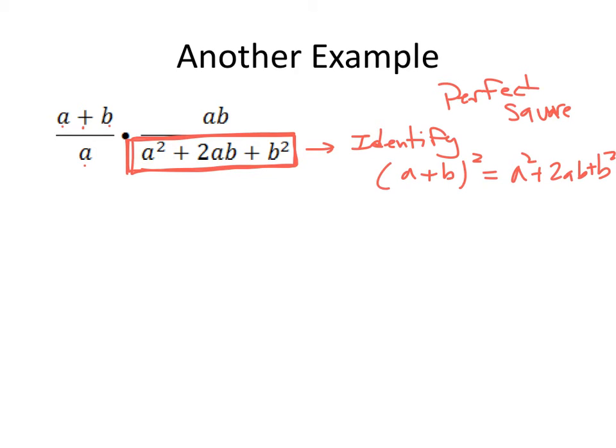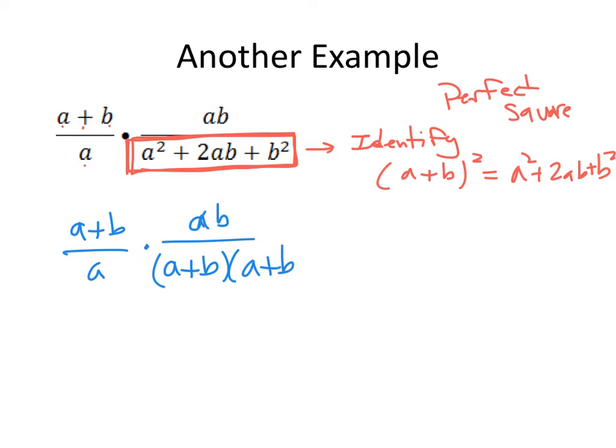And so if we were to factor this out, we would have a plus b over a times ab divided by a plus b times a plus b. Now the idea is that what two factors of b squared would give you 2ab, and so it takes a little bit of thinking, but we want to at least look at this in terms of what we call an identity.